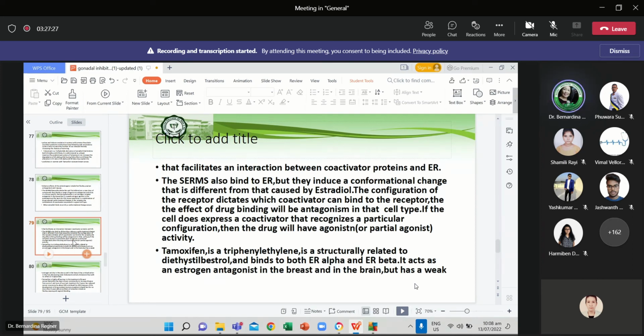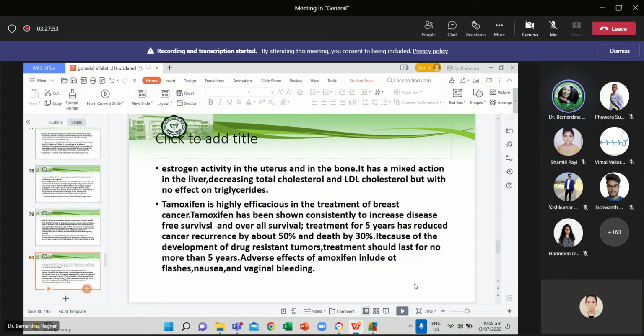So for example, tamoxifen, which is used for breast cancer, is structurally related to diethylstilbestrol, and it will bind to both ER alpha and ER beta. It will act as an estrogen antagonist in the breast and in the brain, but has weak estrogen activity in the uterus. So therefore, it has a mixed action.